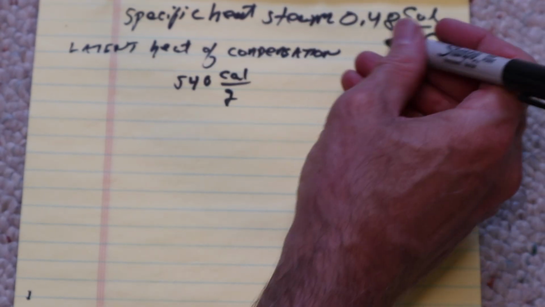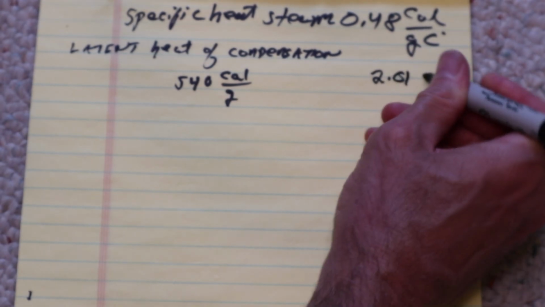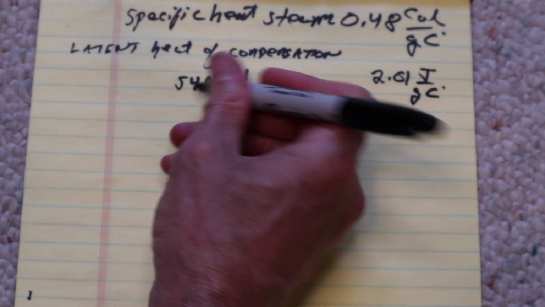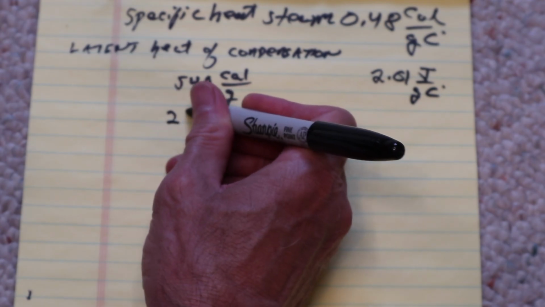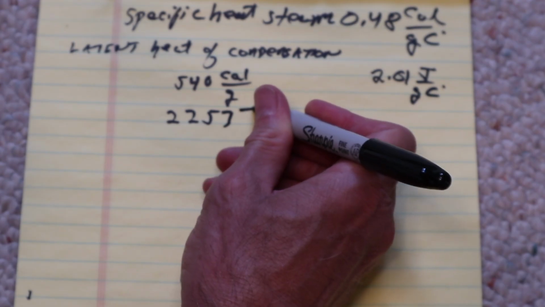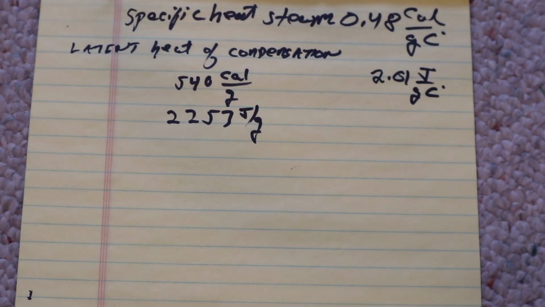In joules, this one is 2.01 joules per gram degree centigrade, and the latent heat of condensation is a whopping 2,257 joules per gram.